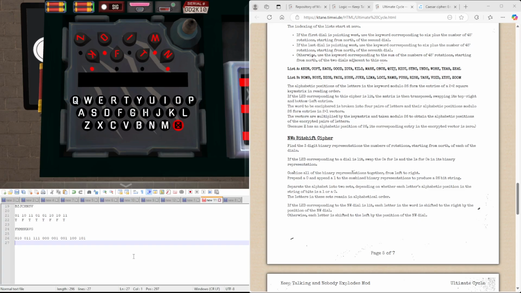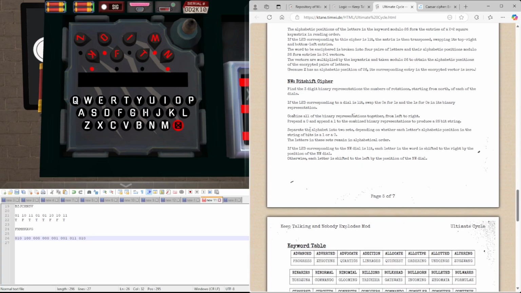If you go back to the dial, it's lit, all the zeros and ones with zeros. So zero, 0, 1, 0, 0. Combine all of the binary representations together from left to right.